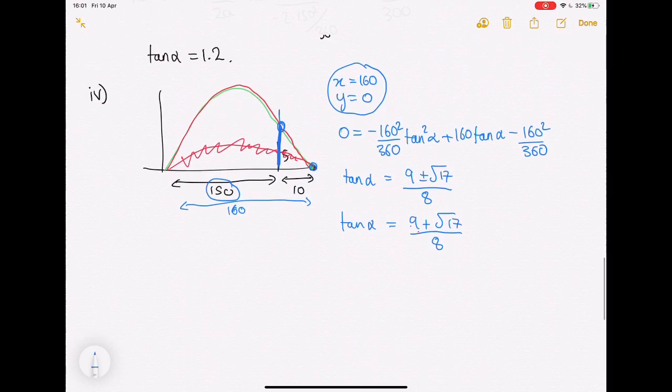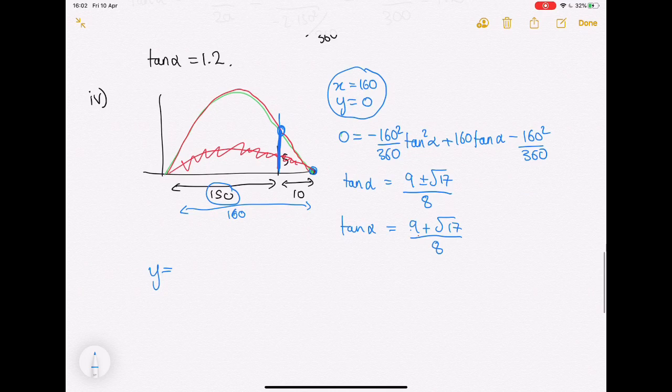So we have y equals x tan alpha minus x squared over 360, 1 plus tan squared alpha. And we know at this particular point, x equals 150, and we want to find the value of y.